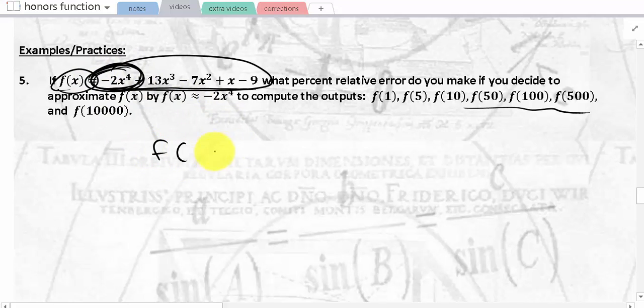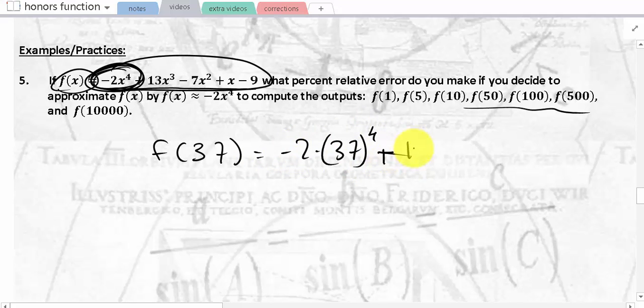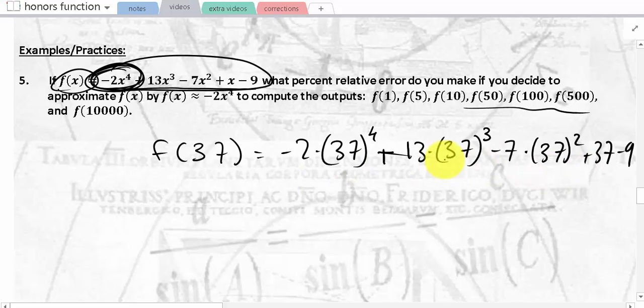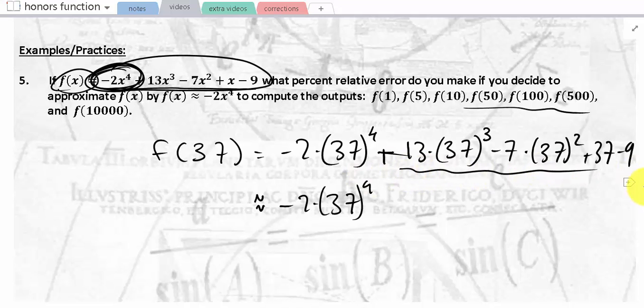So instead of looking at f of 37 equals negative 2 times 37 to the 4th, plus 13 times 37 cubed, minus 7 times 37 squared, plus 37 minus 9. Well, that's going to take a while if I don't have a calculator to do that. So instead of doing that, I'm saying, hey, listen, I think this is going to be about negative 2 times 37 to the 4th. That's all. I'm forgetting all these terms. What is the error I am making?